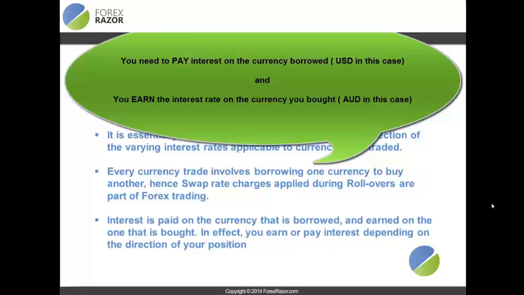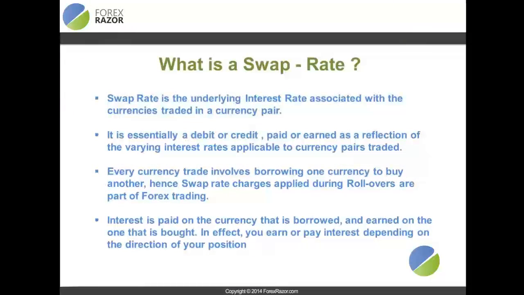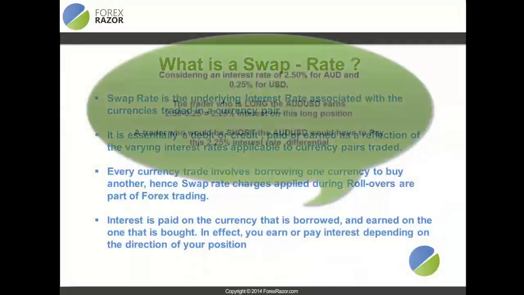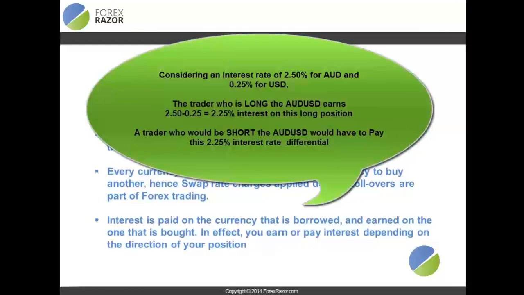And since you've bought the Australian dollars through those US dollars, you will earn an interest for the Australian dollars bought. The difference between the interest rate paid on the borrowed US dollars and the interest rate earned on the bought Australian dollars is the net interest that you earn or lose on your currency trade.